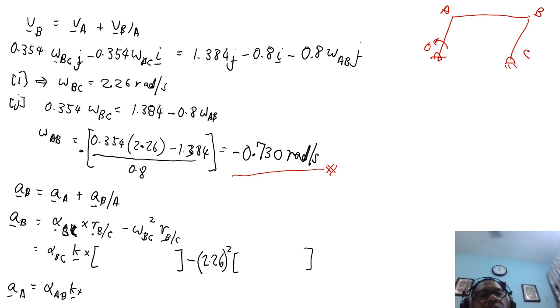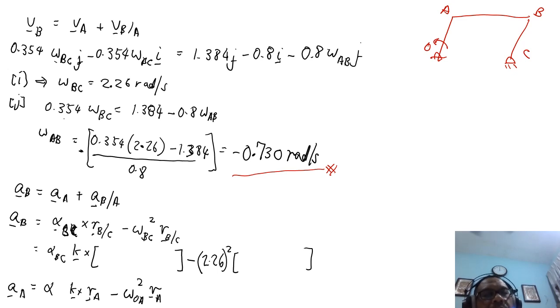So you write, this is position vector A relative to O, minus omega OA square. Omega OA, sorry, there are a lot of mistakes here. Omega OA square, and then position vector A. So a lot of data to put in. So alpha OA, sorry, this is alpha OA.